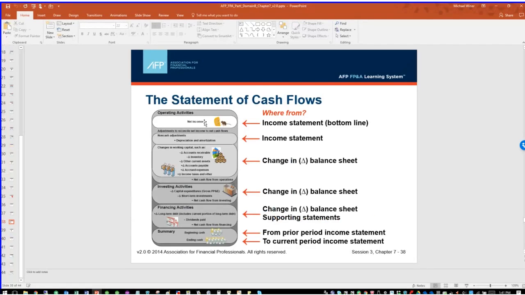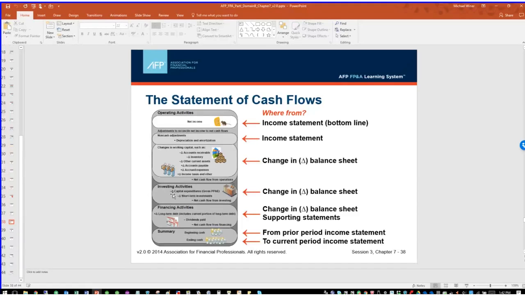Well, we start with the primary producer of three sections: operating, investing, and financing. In the operating section is cash that is generated or used, net cash flow from operations, from operating the business. The second section is investing activities.